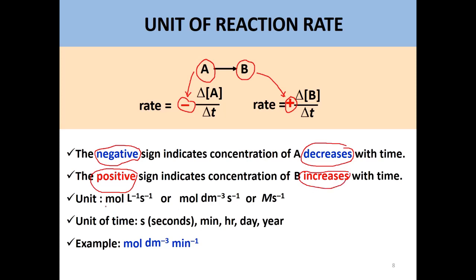So this one is the unit of the reaction rate: mole per liter second, or mole dm to the power of negative 3 second, or molar per second. M is molar. The unit of time can be seconds, minutes, hour, day or year. Example, mol over dm to the power of 3 minutes.